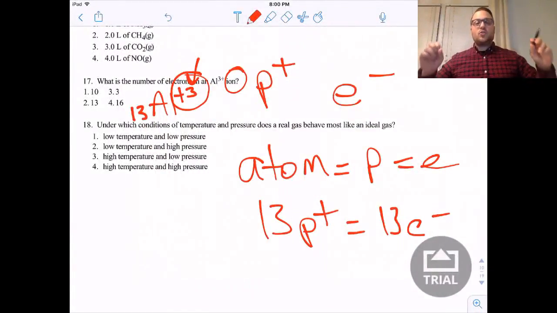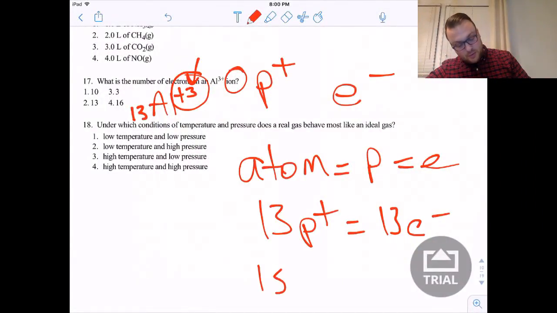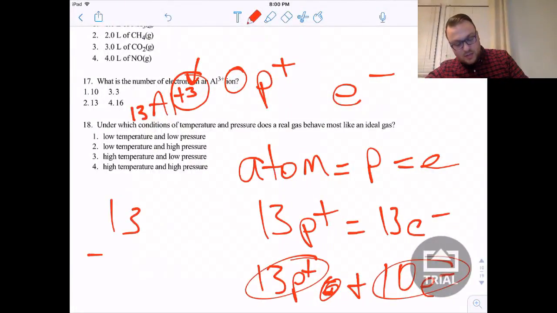And the only way you can become positive and stay as aluminum means you didn't lose protons, you must have lost electrons. Because if I have 13 protons and 10 electrons, well, I got 13 positives and 10 negatives, and 13 minus 10 is good old +3. So you have 10 electrons.